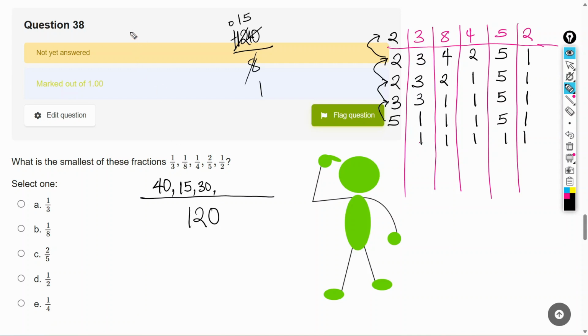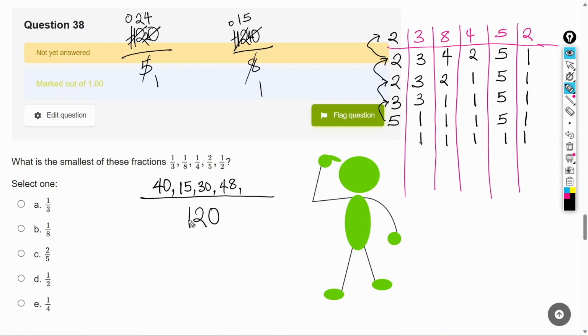5 into 120, so 120 divided by 5. 5 into 1 is 0, carry 1, 12. 5 into 12 is 2, remainder 2, 20. 5 into 20 is 4, so that's 24. And then we multiply 24 by 2. That gives us 48.